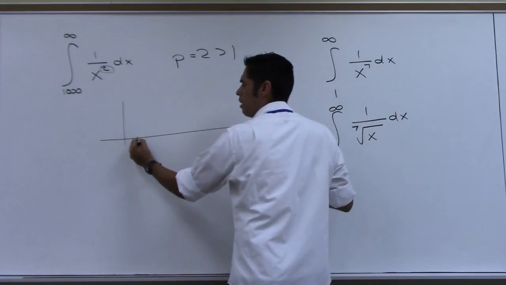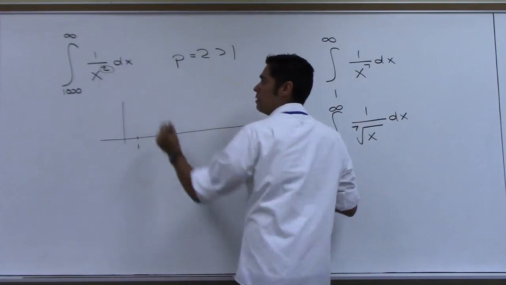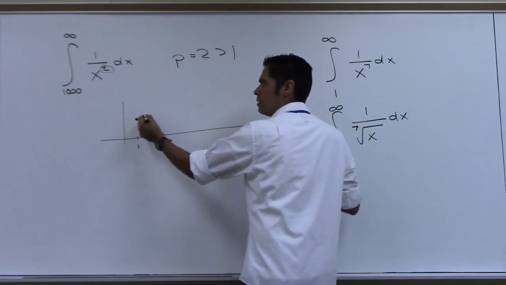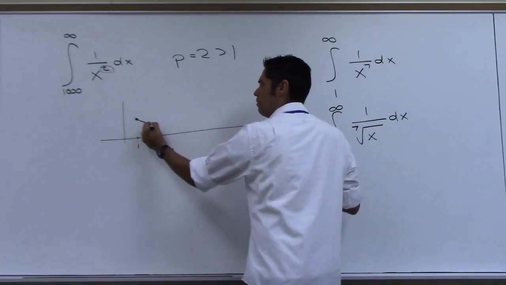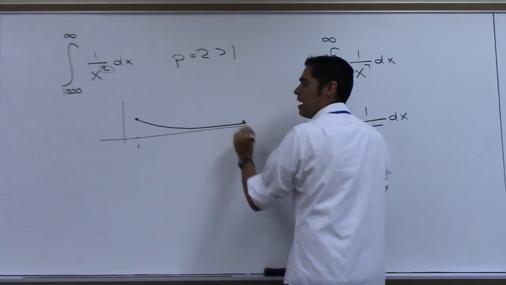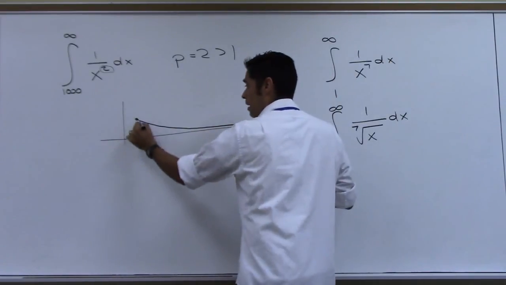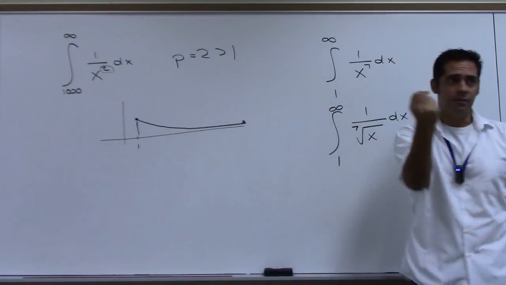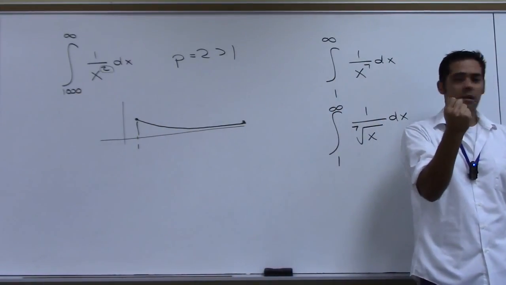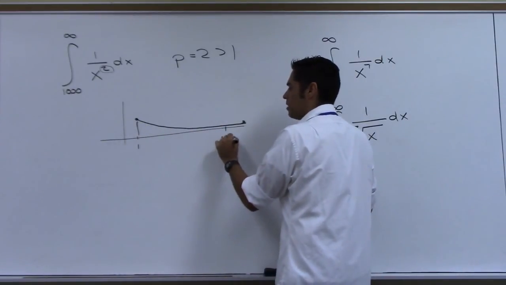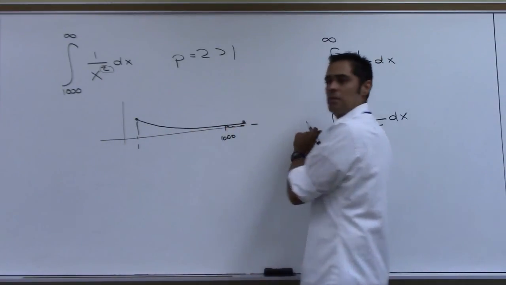What happens if I plug 1 into this? I get 1, right? What happens if I plug in 2? Gets smaller, right? This thing is diving down towards the x-axis, isn't it? And I know that if I start at 1 and I go out forever, the number is fixed. The number is finite, right? And I want you to not start at 1. I want you to start way out here at 1,000 and only look from 1,000 to the right.